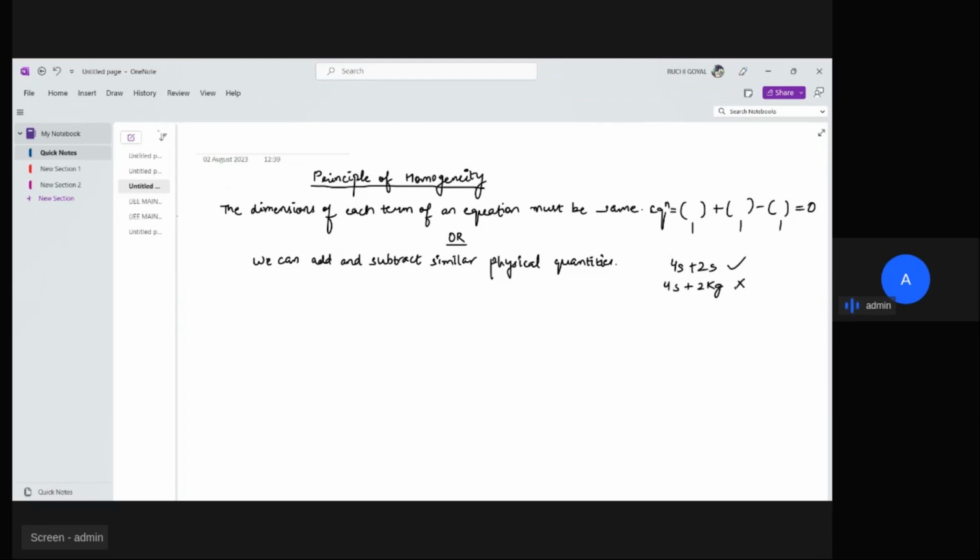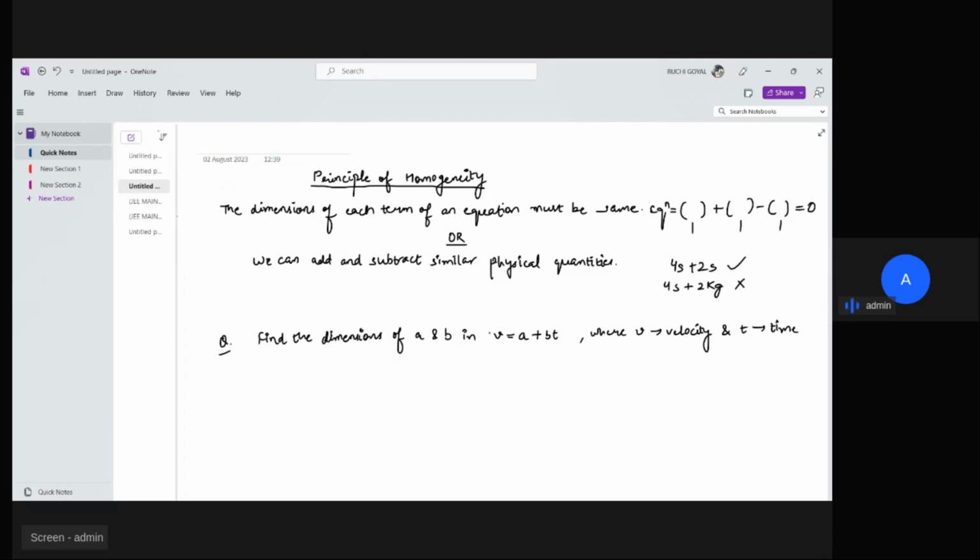Understand? Suppose we have a question, for example: find the dimensions of A and B in the equation V is equal to A plus BT, where V is velocity and T is time.